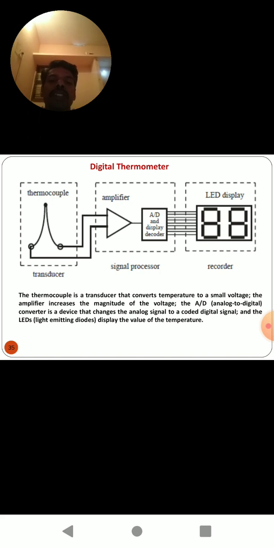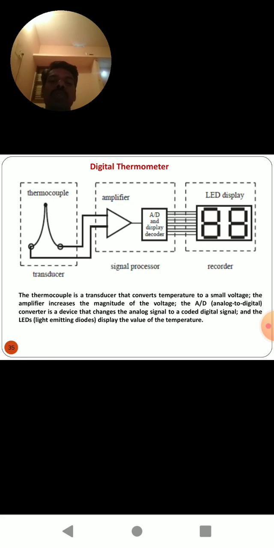The thermocouple is a transducer here that converts temperature to a small voltage. That voltage level is displayed in digital form. The amplifier increases the magnitude of the voltage.